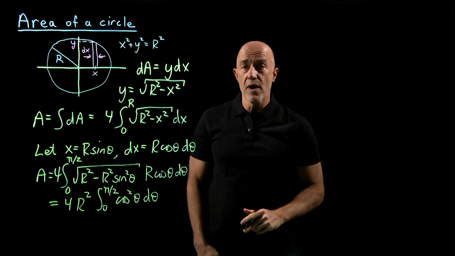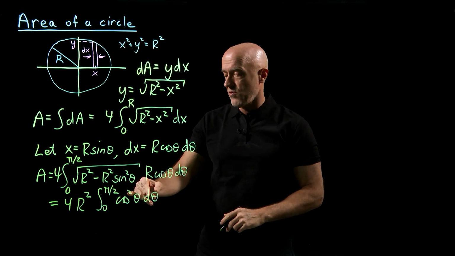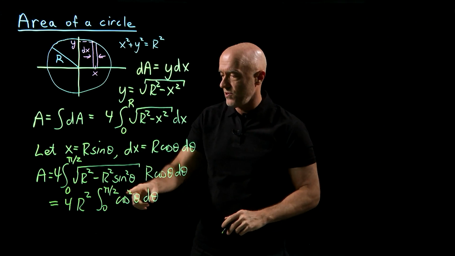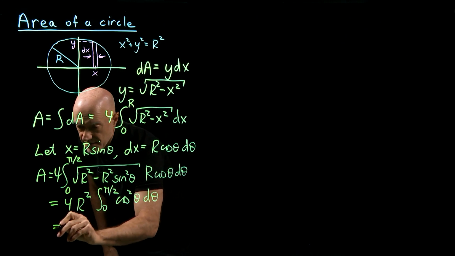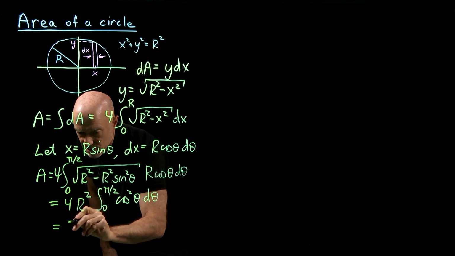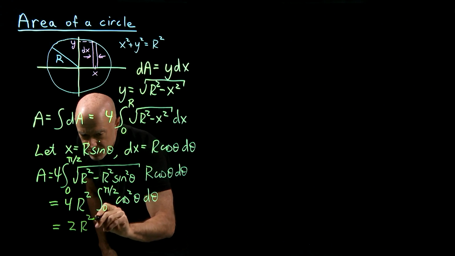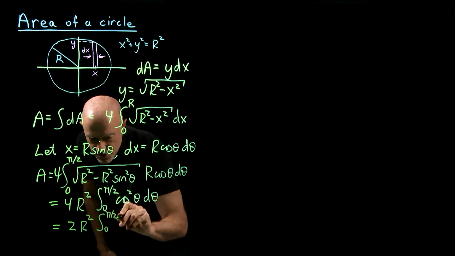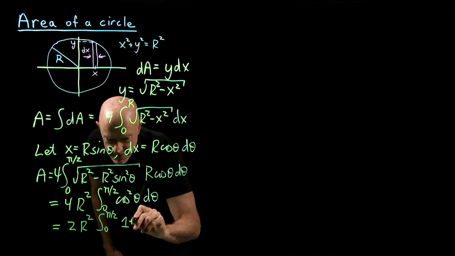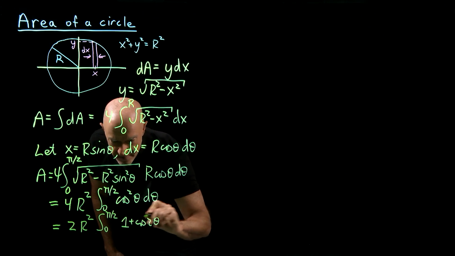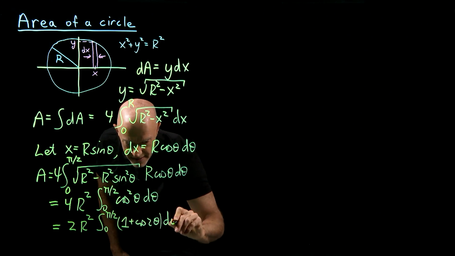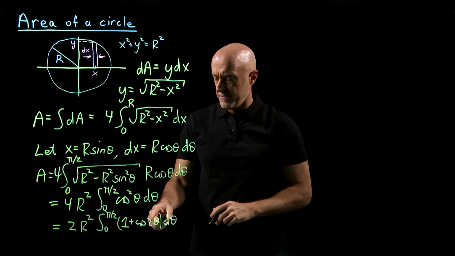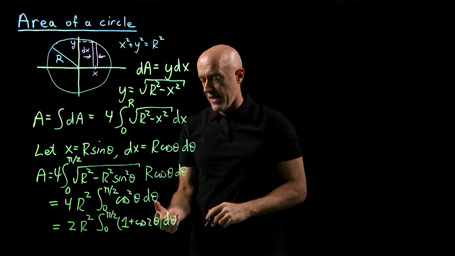And then we use our well-known identity for cosine squared theta as 1 plus cosine 2 theta over 2. Now we'll cancel one of the factors of 2. So that becomes 2r squared, the integral from 0 to pi over 2 of 1 plus cosine 2 theta d theta. The integral of cosine 2 theta is sine 2 theta divided by 2.